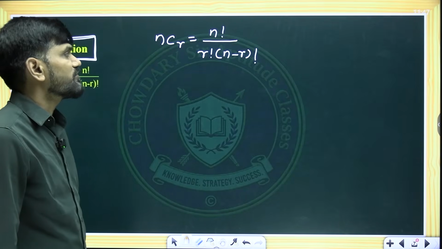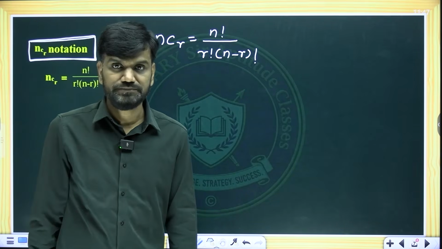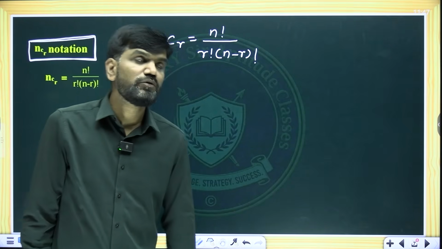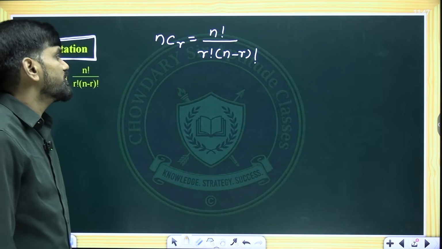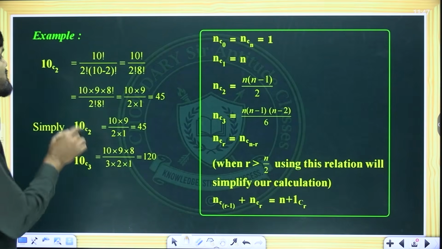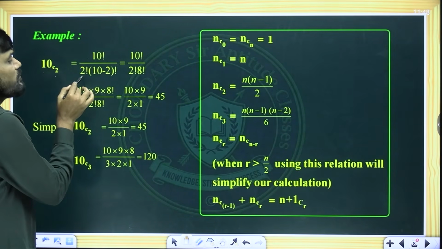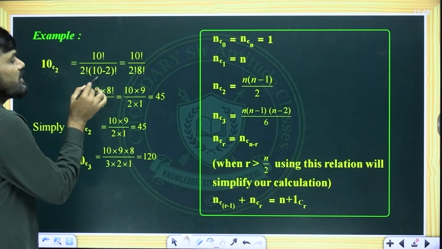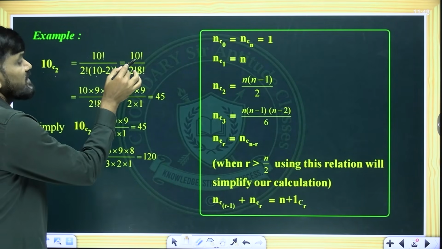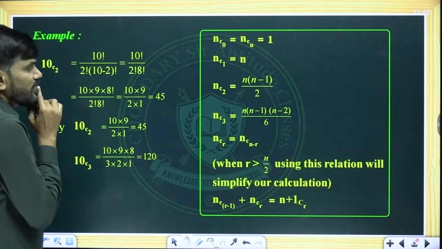That is the formula. Now, if I go for 10C2, it is nothing but 10 factorial by 2 factorial into 10 minus 2, and 10 minus 2 is 8. So that is 10 factorial by 2 factorial into 8 factorial.